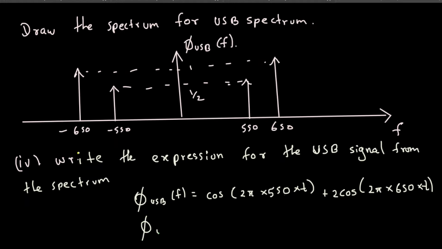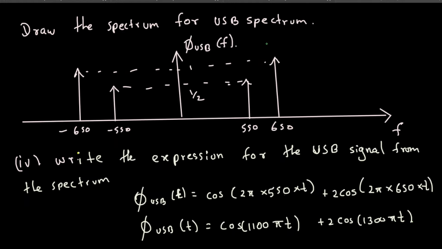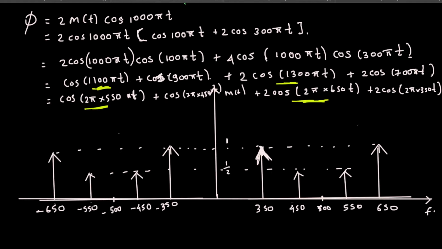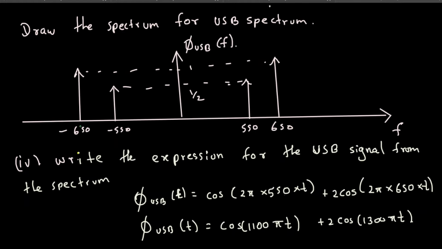Therefore ϕUSB of t is going to be cos 1100πt plus 2 cos 1300πt. We just wrote these two values, and this is the equation we derived. Okay, and that is for part 4.